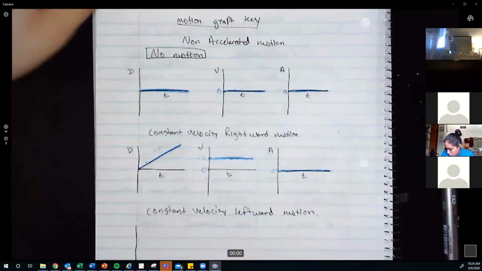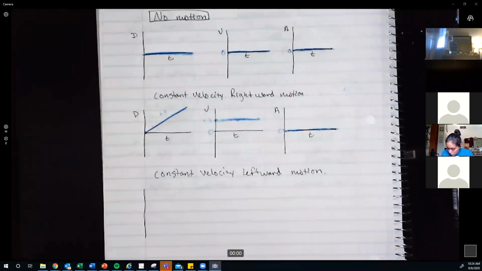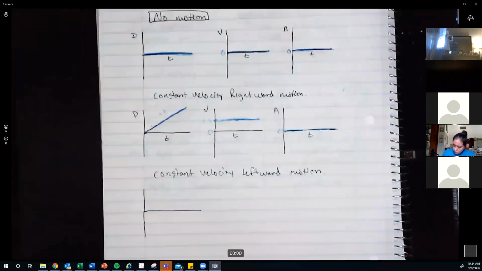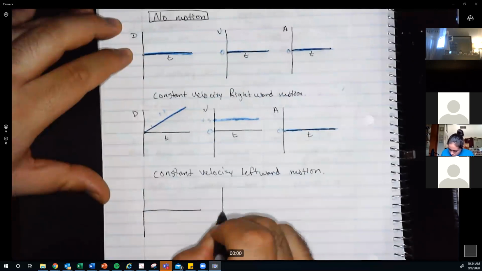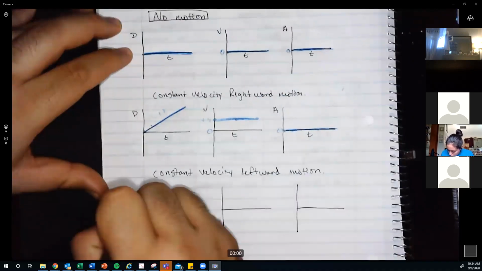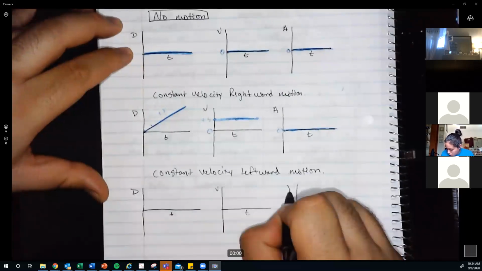What if I do this? Perfect, that worked. So constant velocity with leftward motion, creating the graphs. Give me a second. All right, so we have displacement time, velocity time, and acceleration time.